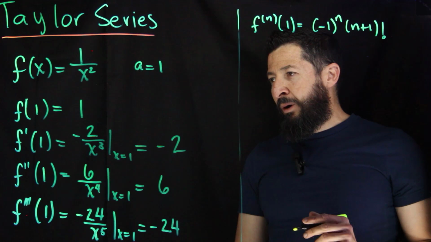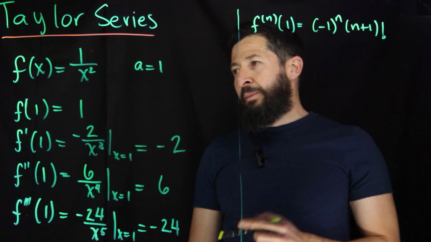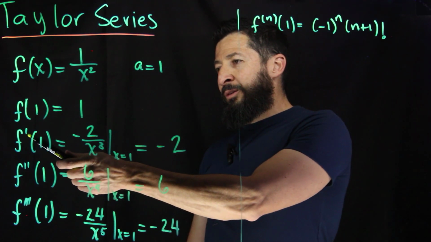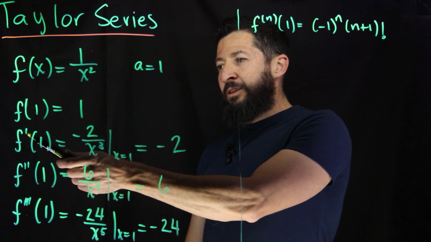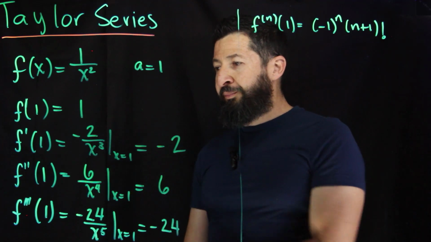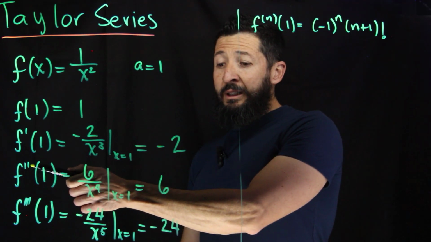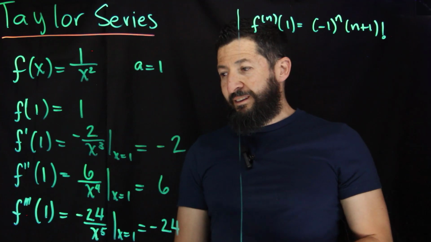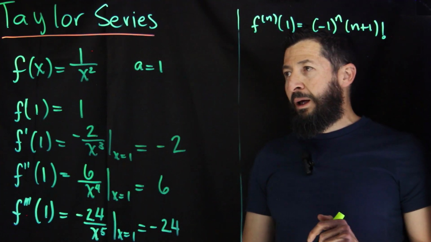Okay, if you don't believe me, pause right here and write a few of them. So for example, for the first derivative, 1 plus 1 is 2, 2 factorial is 2. 2 plus 1 is 3, 3 factorial is 6. And you can check that that's going to be our formula.